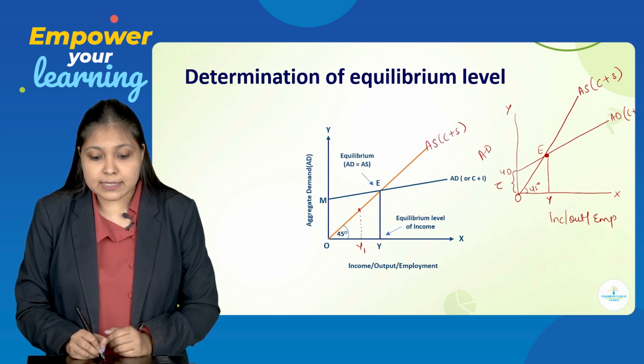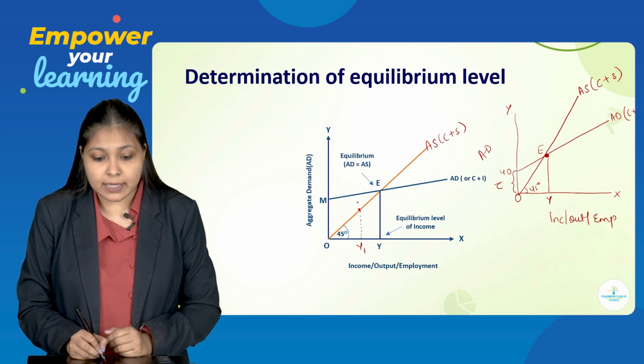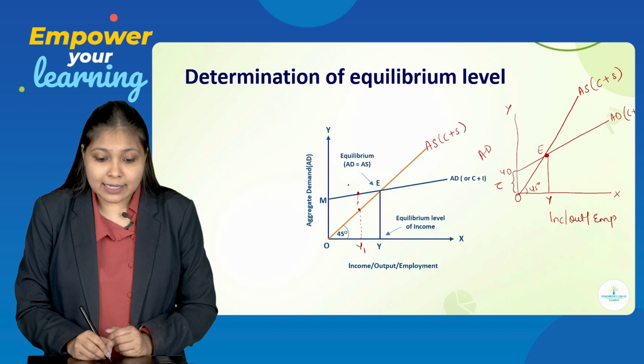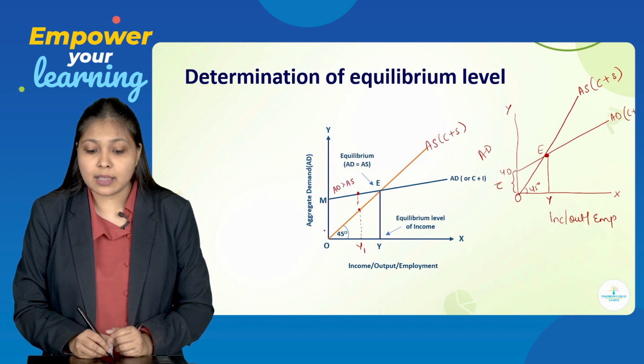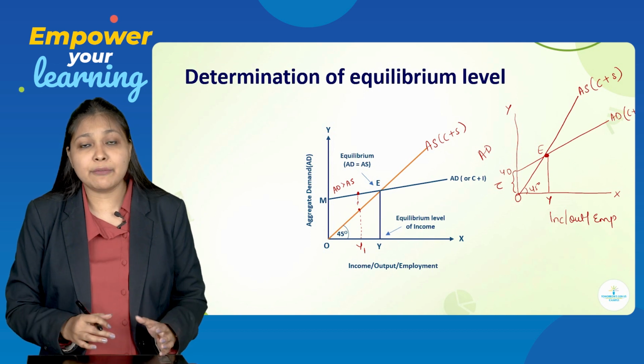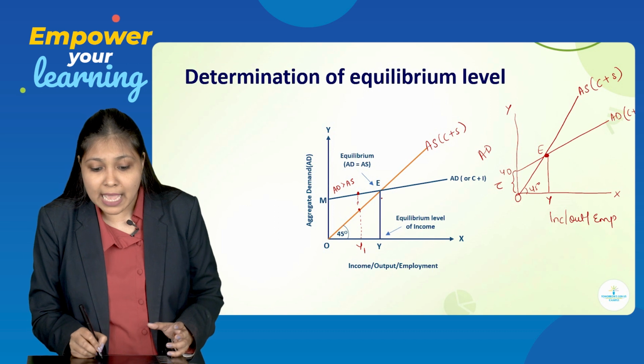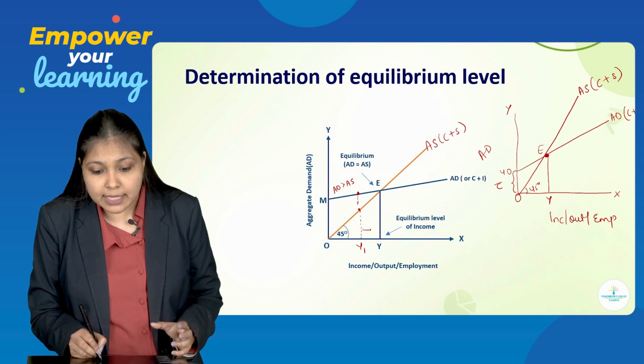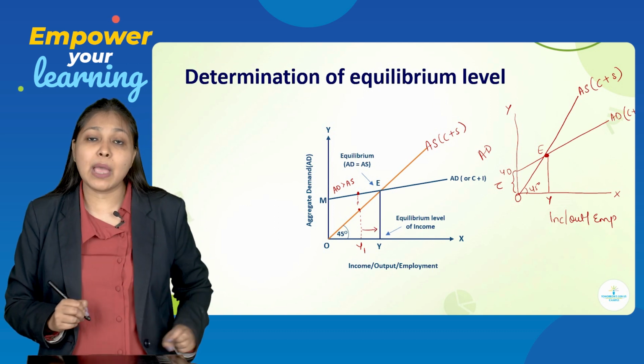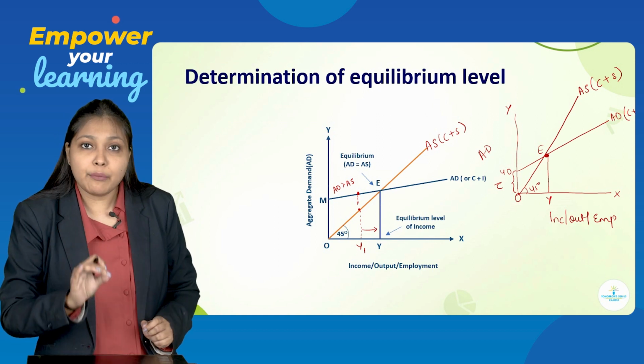Then if I again go up, I will get the point of AD. So that means here AD is more than AS. So what will I have to do? To bring the economy back to the equilibrium point, I will have to shift towards the right-hand side. That is, I have to come from Y1 to Y.